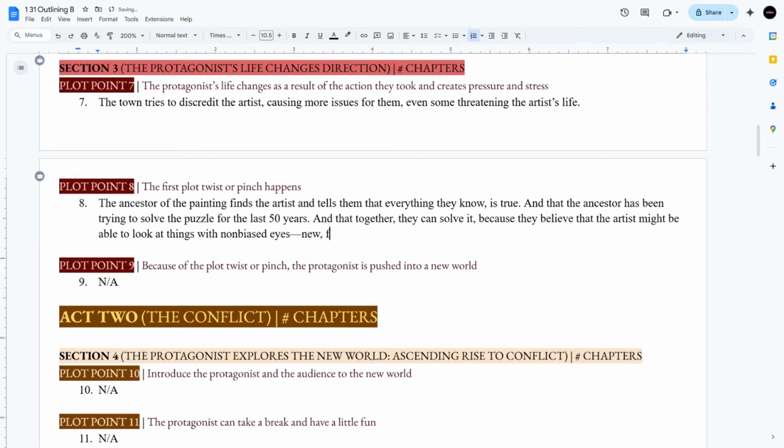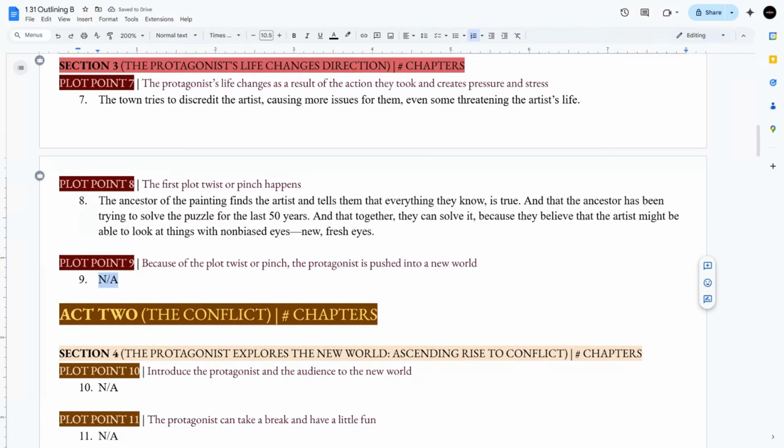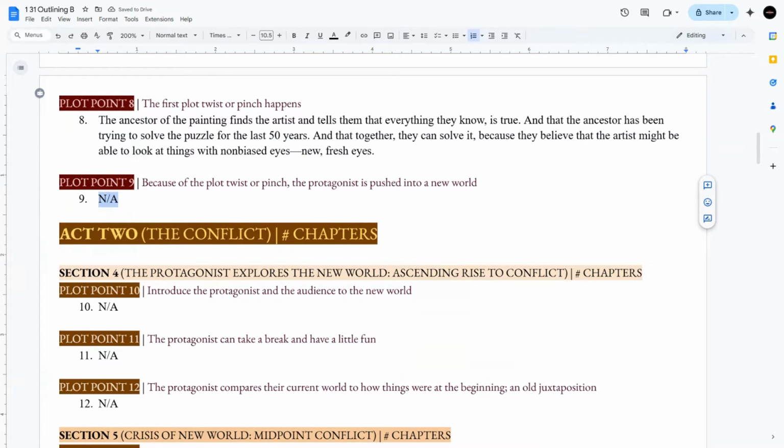New, fresh eyes. They have to leave the town and go to Italy.